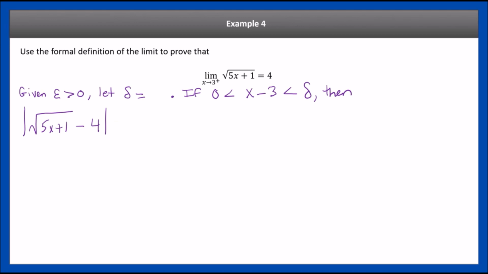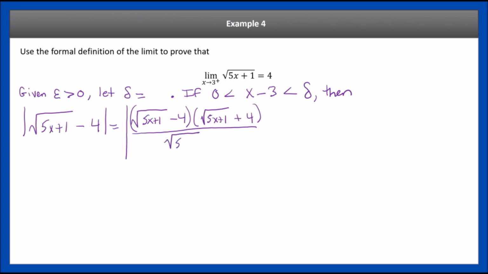So let's take this guy, and we are going to multiply by the conjugate, and I'm going to show this in a separate step over here. Same thing, but opposite sign right here in the middle, so the 4 changes sign. If we multiply on the top, we must do it on the bottom, because essentially we're just multiplying by 1, so we're not changing anything.